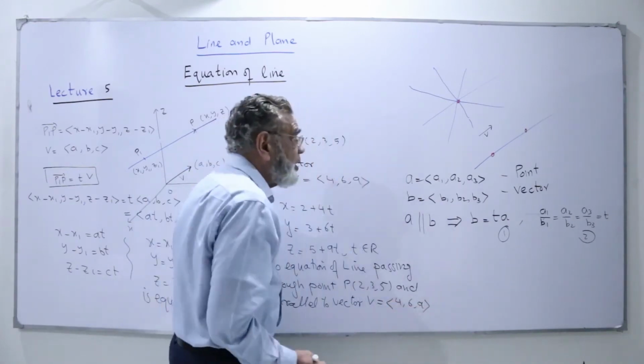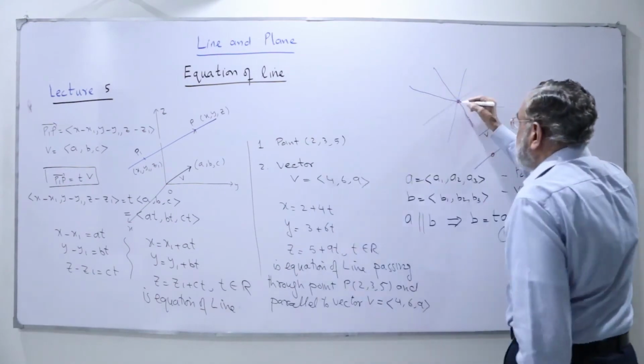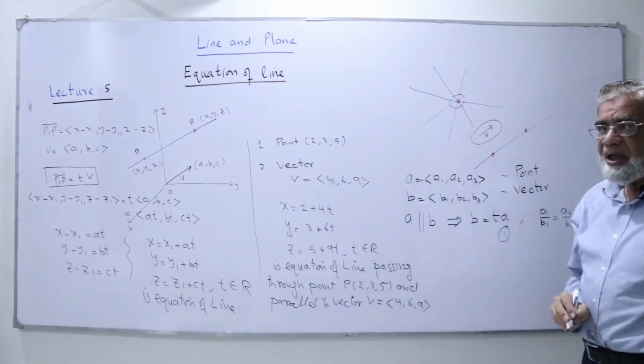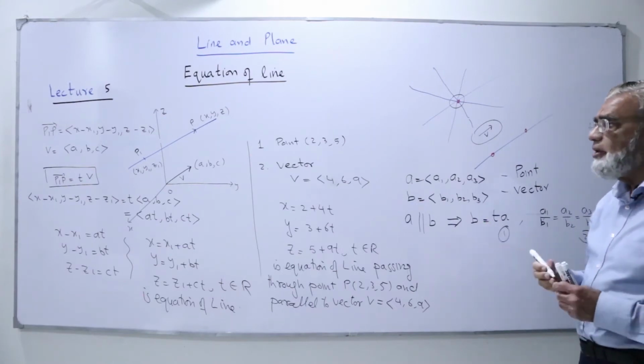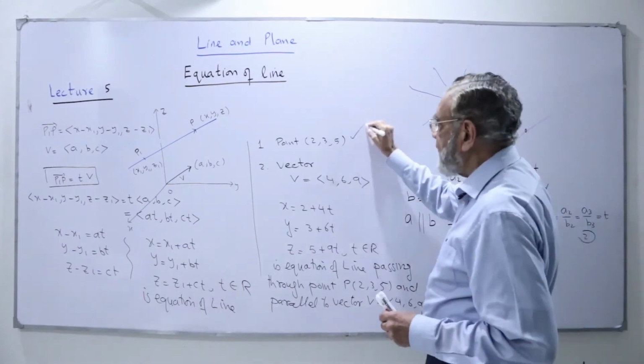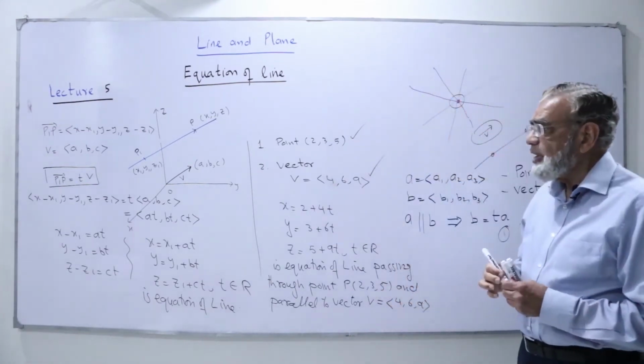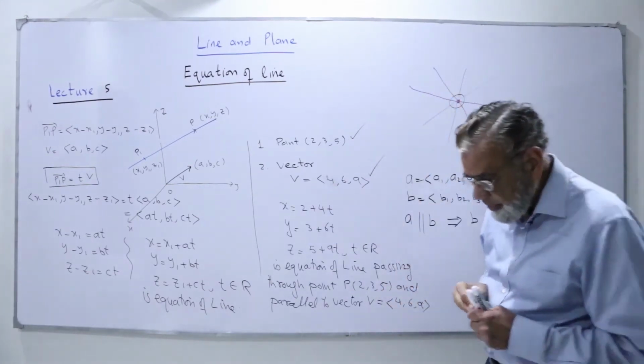So again, you give me a point and you give me a vector, and I can give you the equation of the line. There are different ways to find the point and to find the vector. Once we get the vector and the point, we can write the equation of the line.